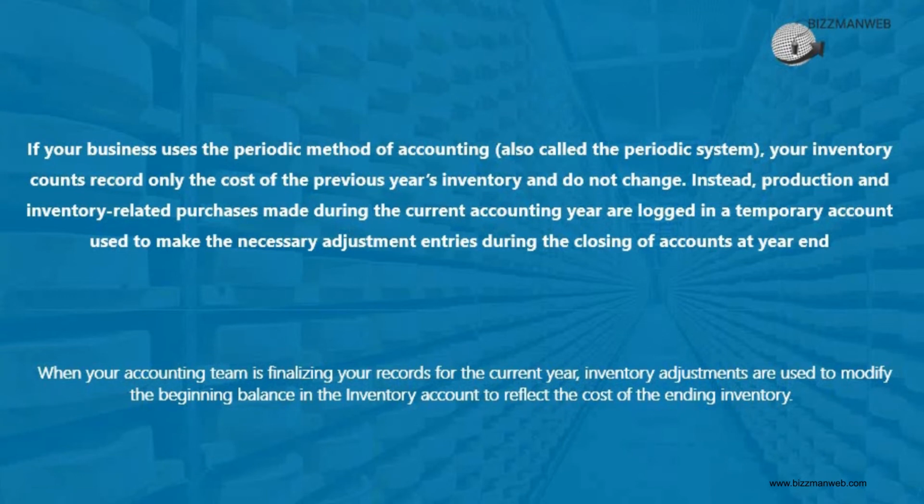Instead, production and inventory related purchases made during the current accounting year are lodged in a temporary account used to make the necessary adjustment entries during the closing of accounts at the year end. So when your accounting period is finalized, inventory adjustments are used to modify the beginning balance in the inventory account to reflect the cost of the ending inventory.